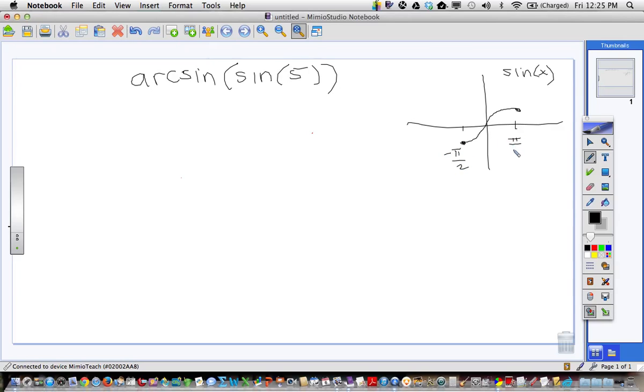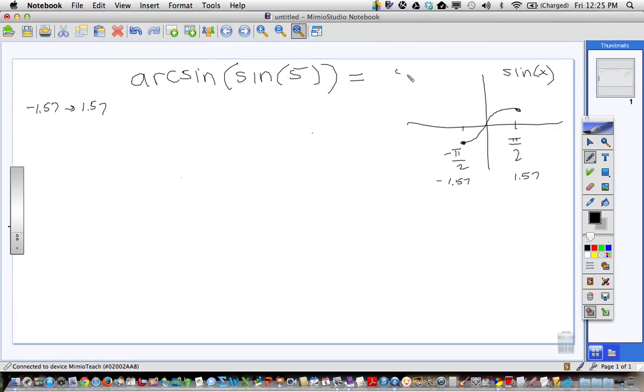That means the outputs of arc sine have to be between -pi/2 and pi/2. Which by the way is -1.57 to positive 1.57. So if we restrict the sine inputs from -1.57 to 1.57, then the outputs of arc sine have to be between -1.57 and 1.57.